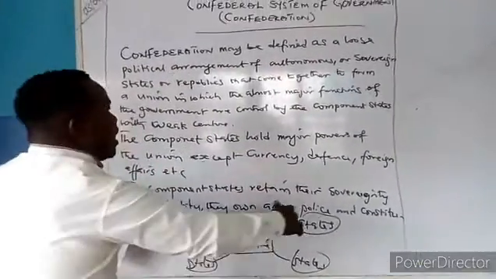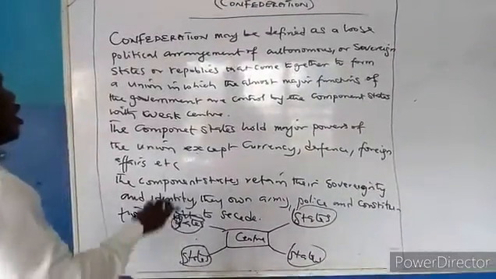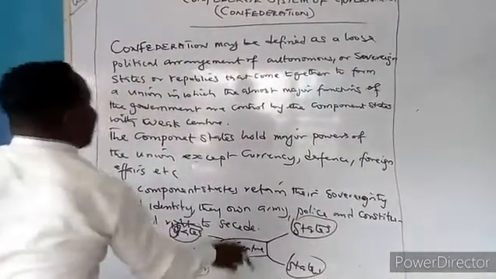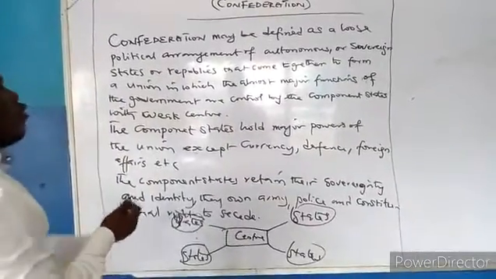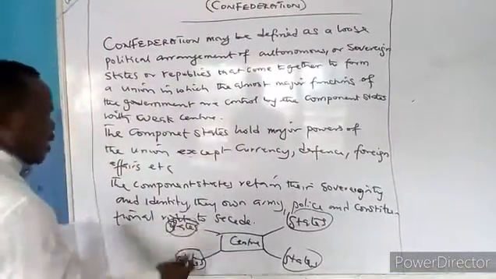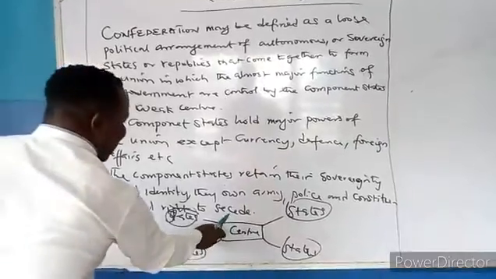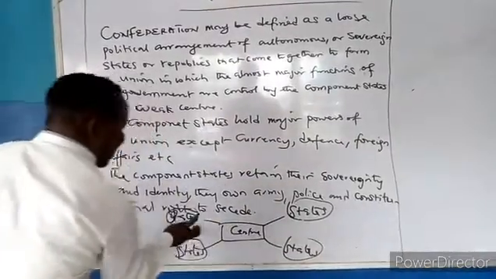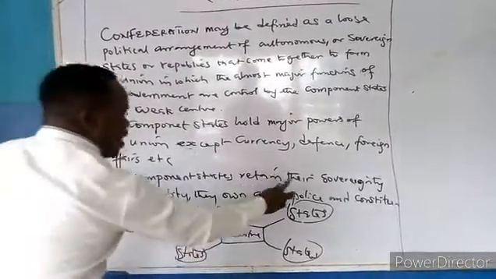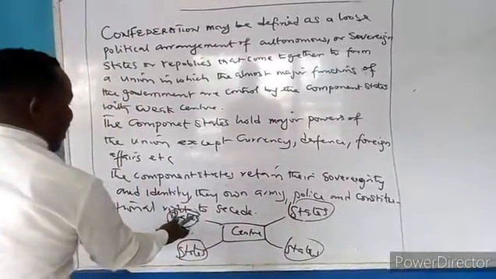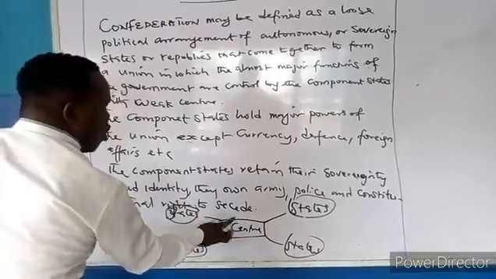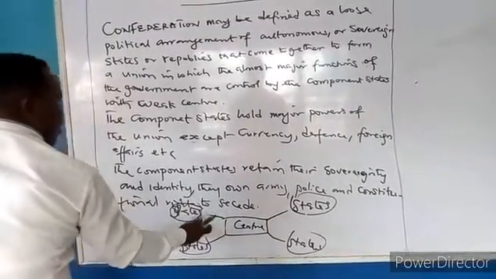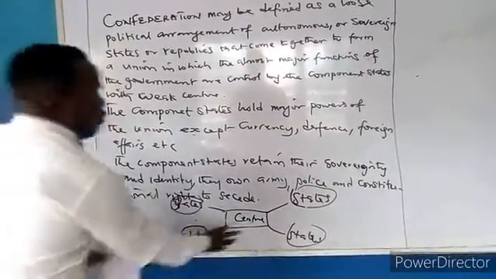They willingly come together because the center is weak. That is why it's called a loose political arrangement of autonomous sovereign states. At the same time, they have political rights, because they retain their sovereignty and identity. They have every constitutional right to secede, to break out of the union.